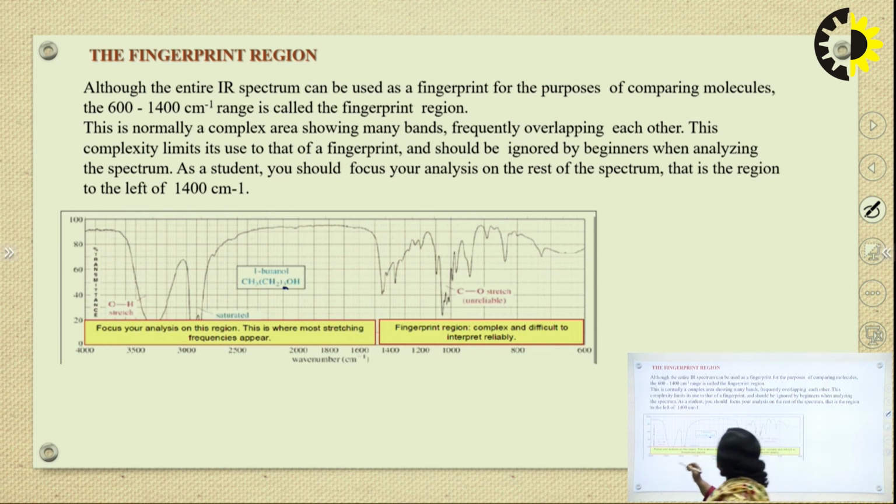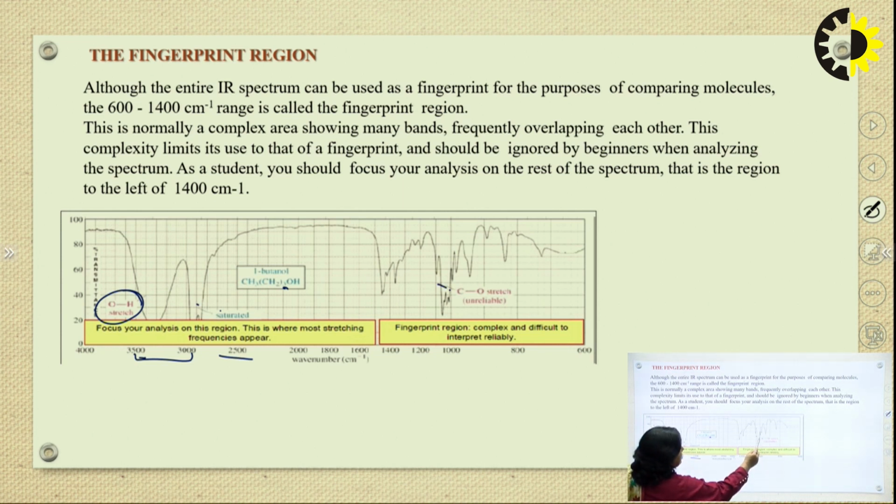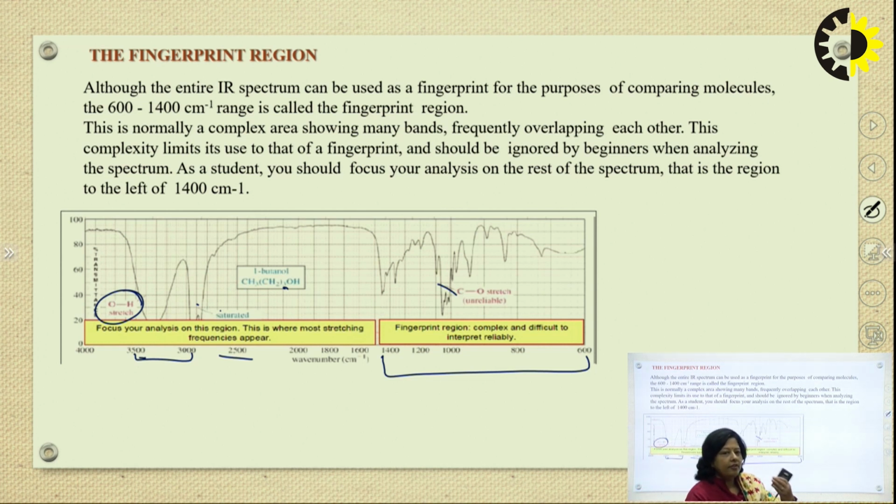We have a similar frequency of OH stretch nearby, in between 3500 to 3000. Then this is the saturated region of the CH bond. This is the CO stretch nearby 1700. But this overall region is so complicated. Bonds are interacting with each other.